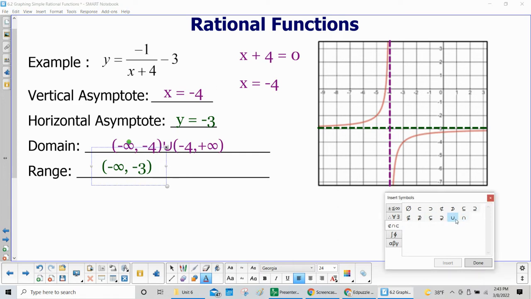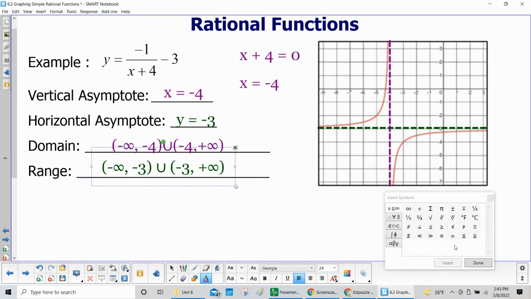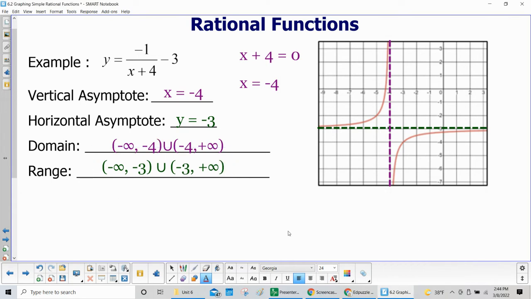That's the upside, that one. There we go, insert. And then we're going to pick up at that -3 on the other side, and we're going to go all the way to +infinity. And that's how we do that. So pretty easy, hopefully, just identifying those key components. And you can get all of those key components right off of the equation. So it makes it pretty easy.